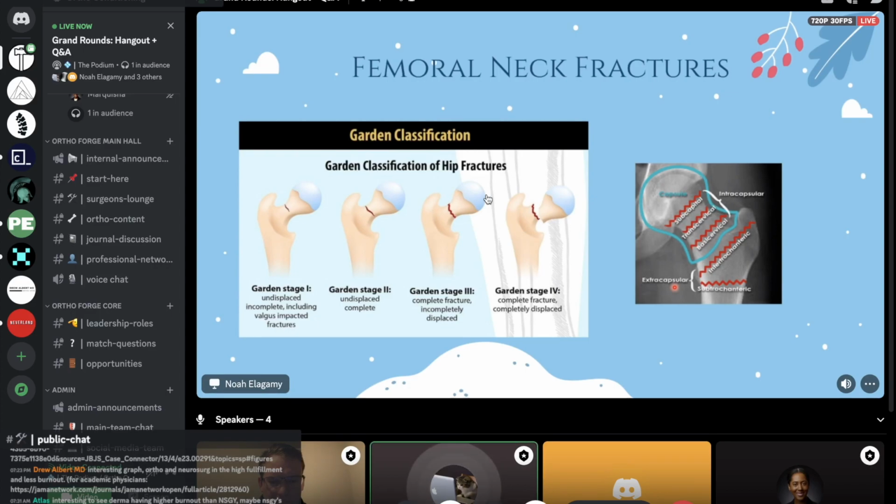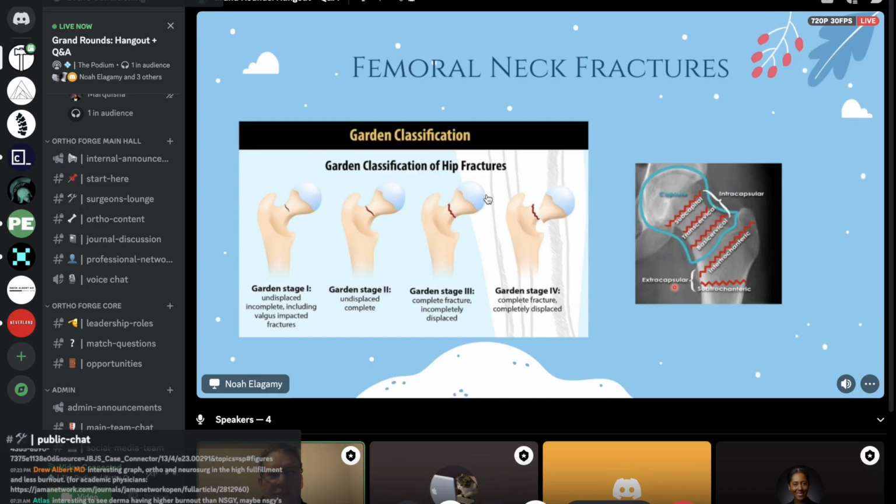And so that guides fixation or implant selection, because you'll want to do something like a hemiarthroplasty, where you're replacing that femoral head, because you don't want to do a procedure like cannulated screw fixation, where you can run into avascular necrosis down the road. Is that what you were getting at?